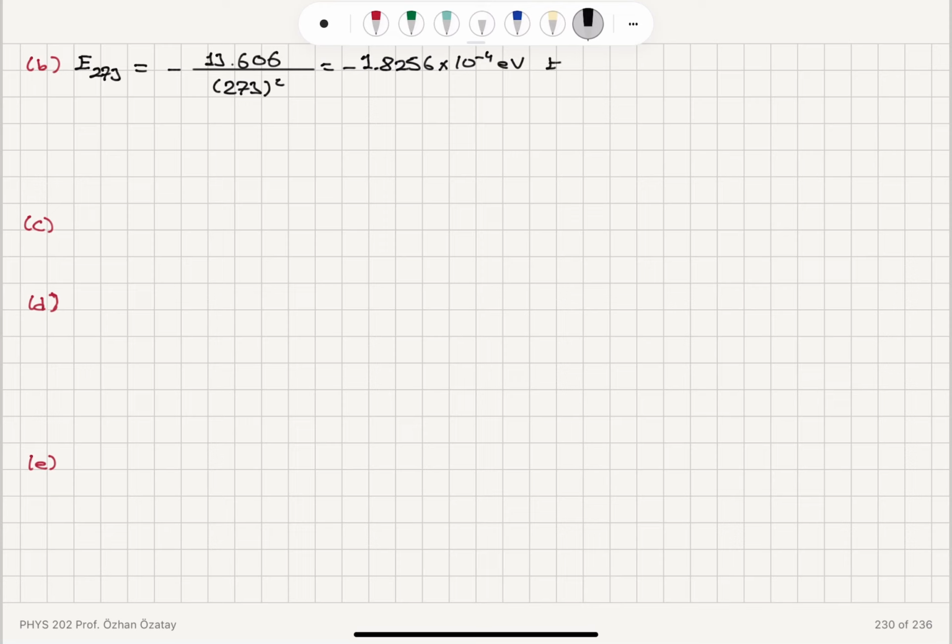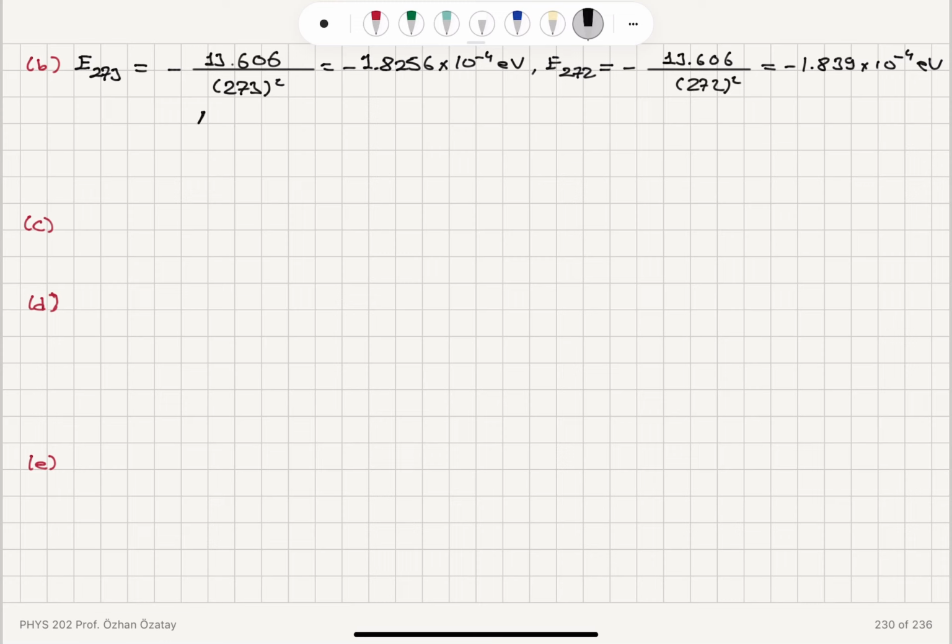How about the energy of the 272 level? That is minus 13.606 electron volts divided by 272 squared, and that gives us minus 1.839 times 10 to the minus 4 electron volts.